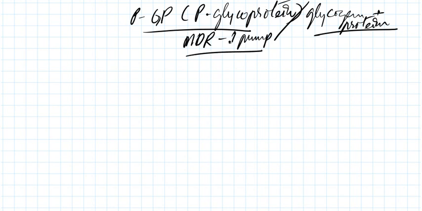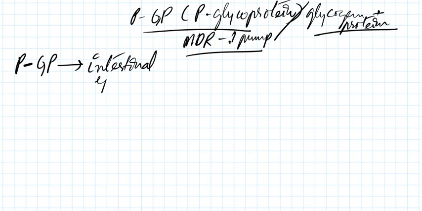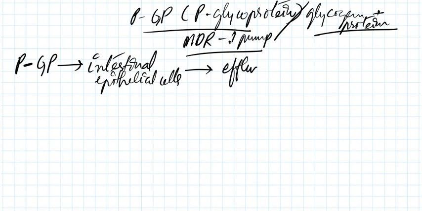PGP, the P-glycoprotein, is present on the intestinal epithelial cells. What it does, it simply effluxes, means pushes the drug outside of the cells.